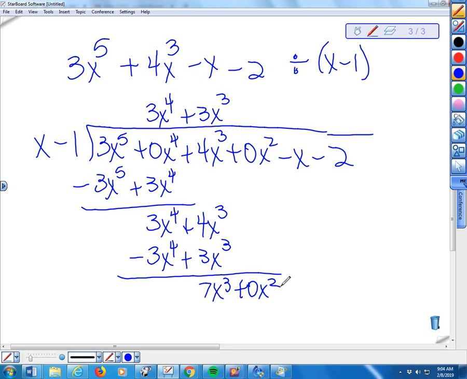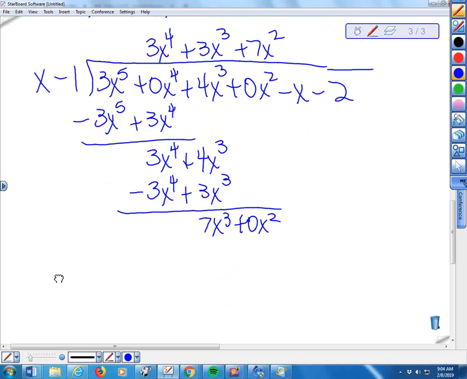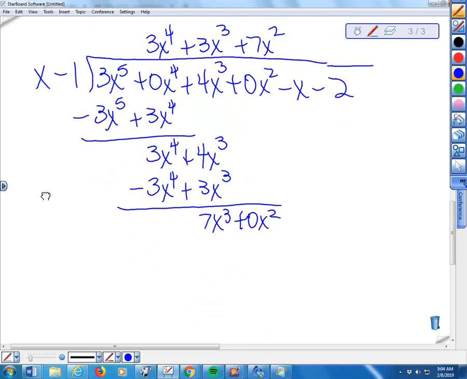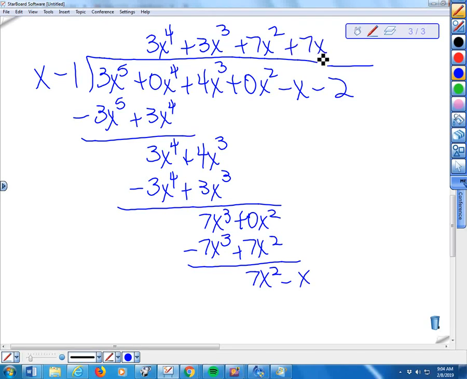X times what is 7x cubed? 7x squared. 7x squared times x is 7x cubed. 7x squared times negative 1 is negative 7x squared. Change my signs, add. Bring down my next term. 7x times x is 7x squared, times negative 1 is negative 7x.